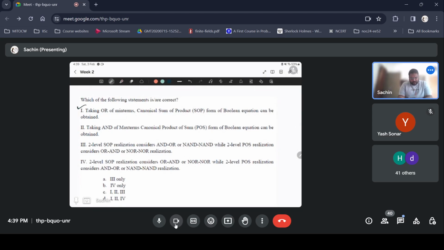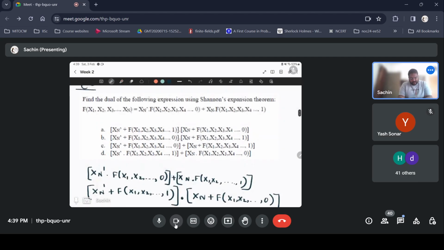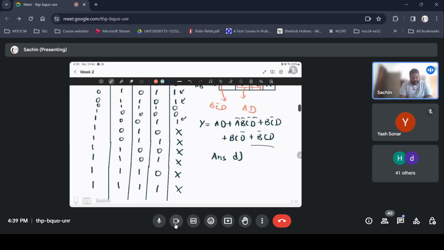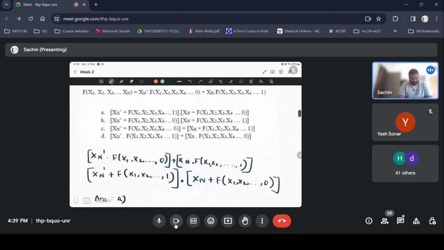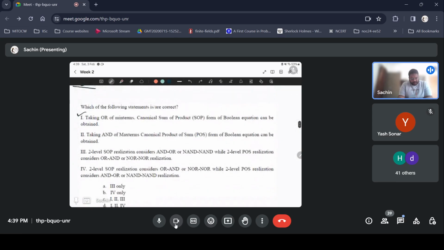Similarly, if you want the canonical product of sums, no simplification has been done here. You just take the maxterms and AND them. That's just the SOP or POS form. So the canonical product of sums form of the Boolean equation can be obtained by taking the AND of maxterms.